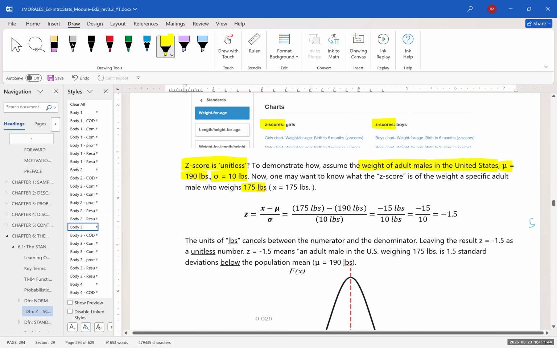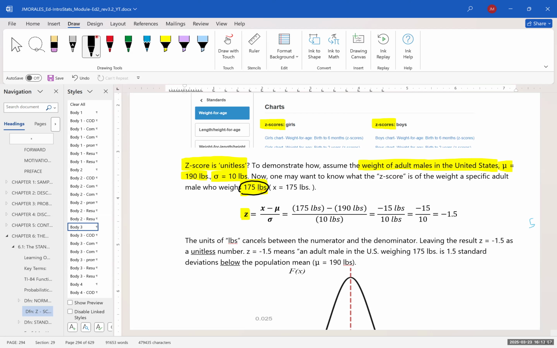So if we're going to try and convert 175 pounds into a z-score, then this is the equation that we're going to need. So 175 pounds is the value of x that we want converted into a z-score. But in order to have everything that we need on the right side of the equation, we need the population mean and we need the population standard deviation, which is what we were given here and here.